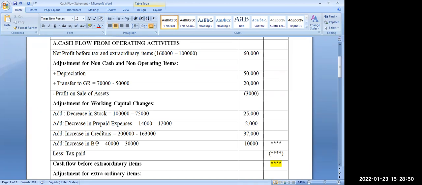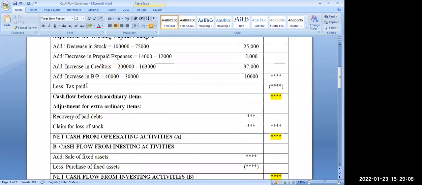Okay. Next one. What else is there? You've taken all the current assets and current liabilities. Outstanding expense is there, one more current liability. It was 7,000. Now it is 5,000. It is decreasing. So decrease in outstanding expense. How much is it?